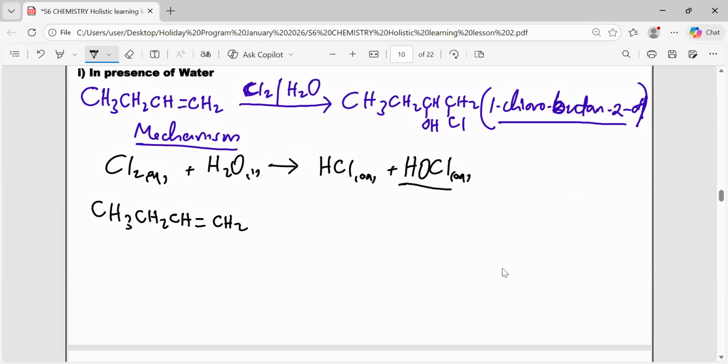Which one becomes partially positive and which one becomes partially negative between OH and Cl? OH becomes partially positive and Cl becomes partially negative. And then what will happen? So you're saying that in OH-Cl, this one becomes partial positive and this one becomes partial negative.